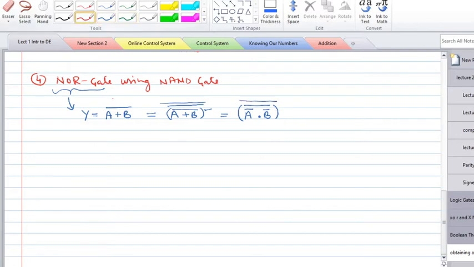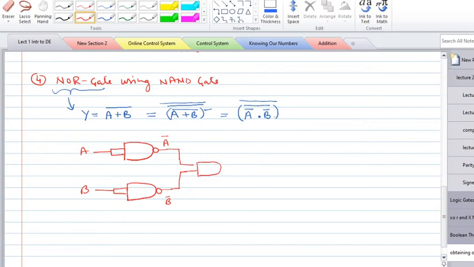So the final result is this one, that is A, this is the inverter for A bar, this is the inverter for B bar, and then we have to implement this inversion.